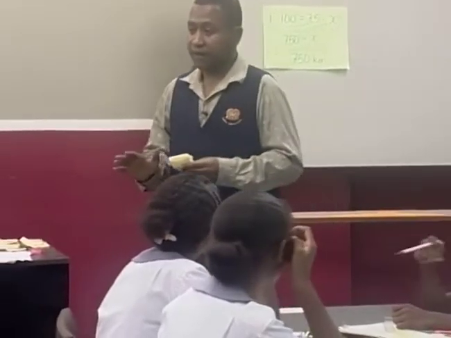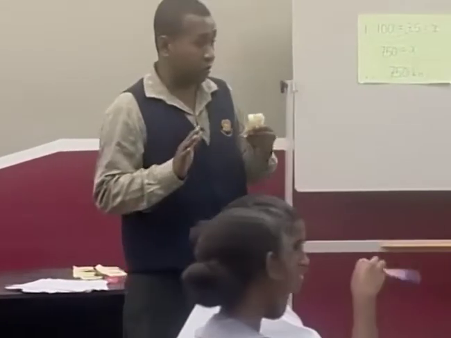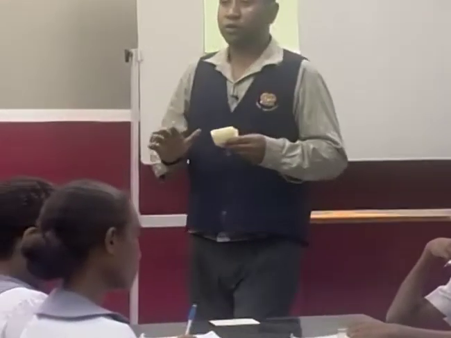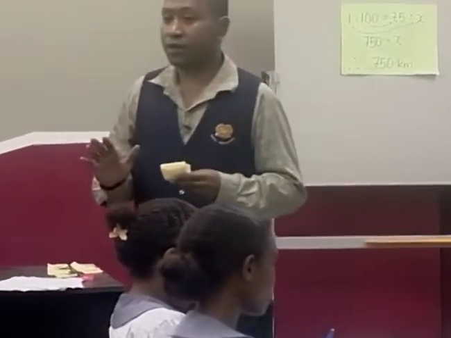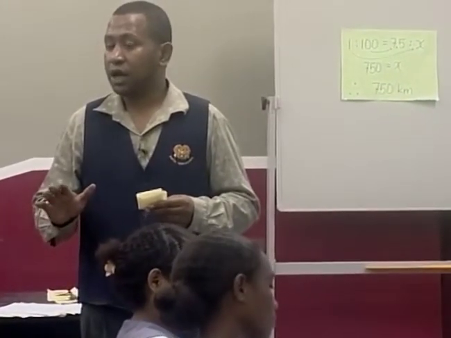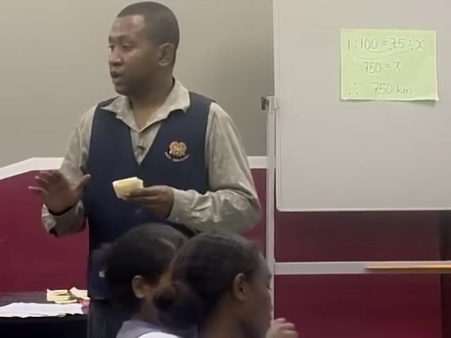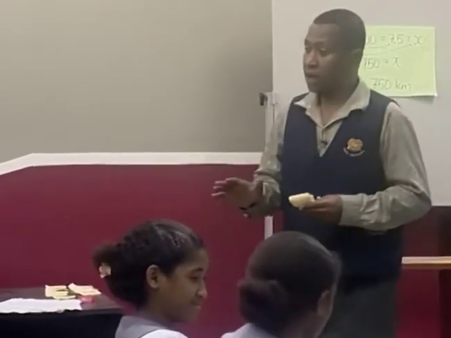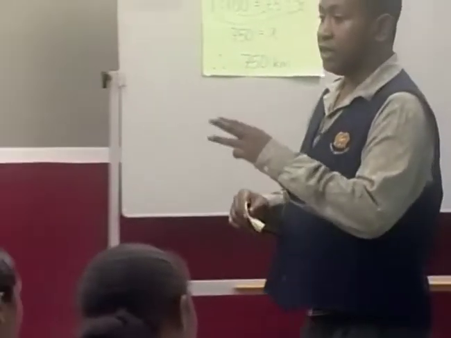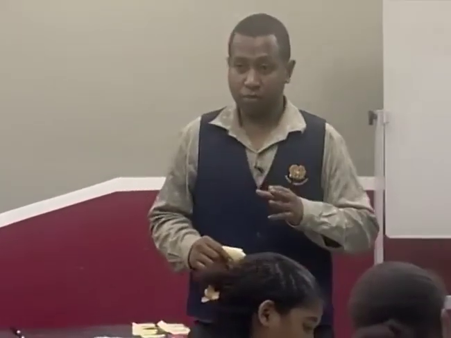Are we listening? Okay, this is how we're going to do the activity. I am going to tell you to move to your working groups. Now, group A, group B, group C, group D, they are known as working groups.